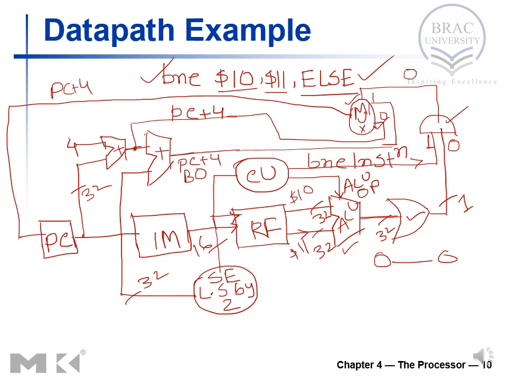But if register 10 and register 11 are not equal, then the output of the subtraction that is performed by the ALU is anything in the range from 1 to all ones, 32-bit values.